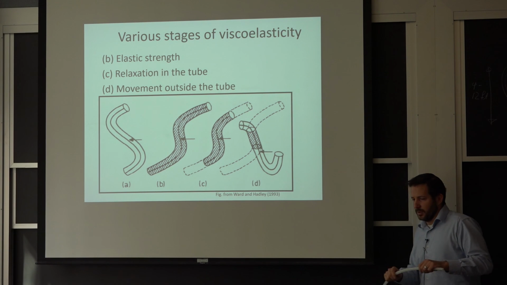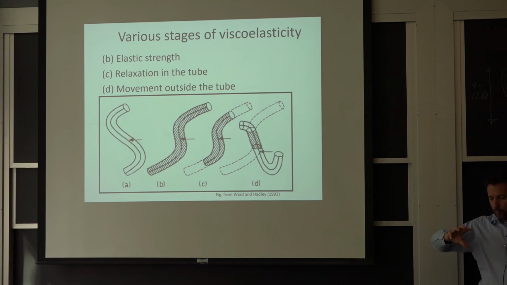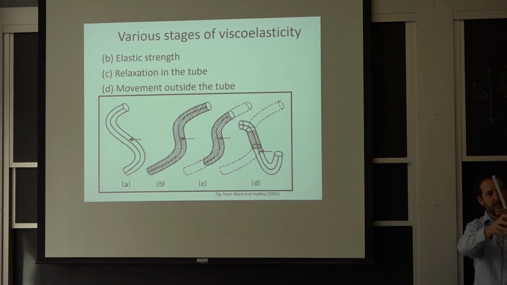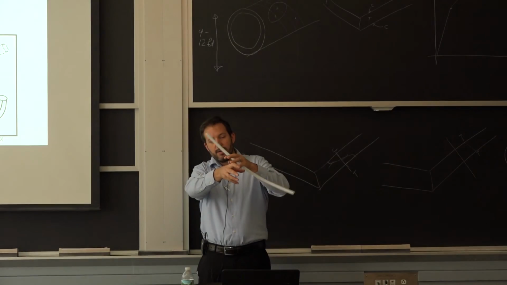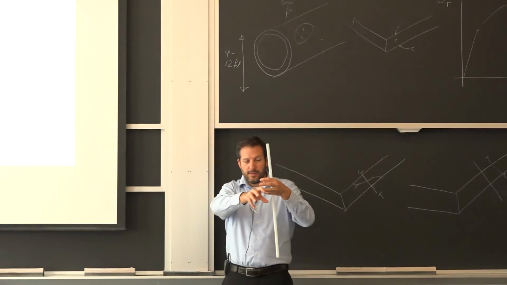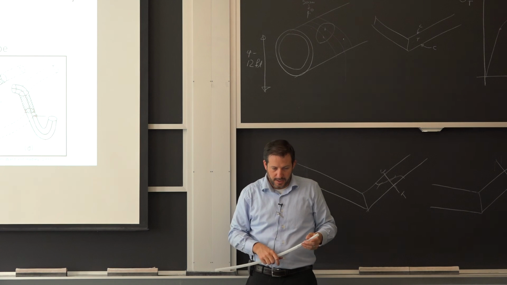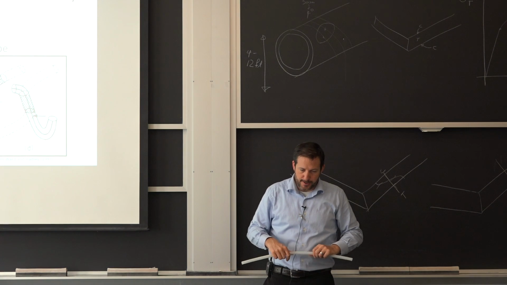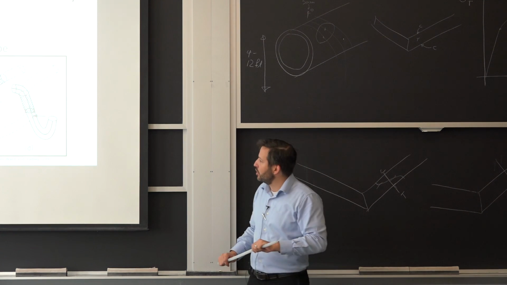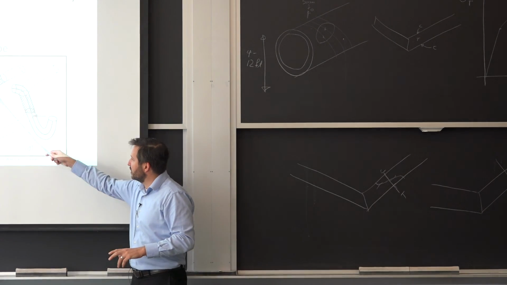But then what you do is you really have one chain and another, and they'll move a little bit with respect to each other. One of them is going to turn a little bit and allow for a side group to move forward a little bit. And that's a little bit of relaxation inside the same shape.